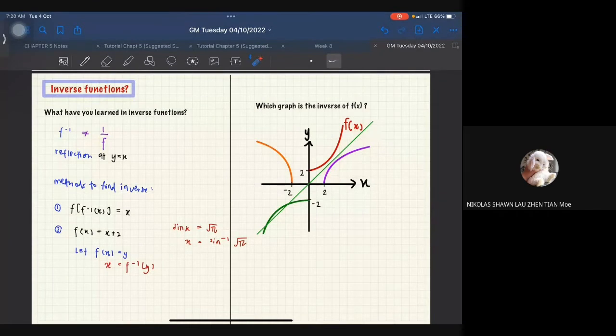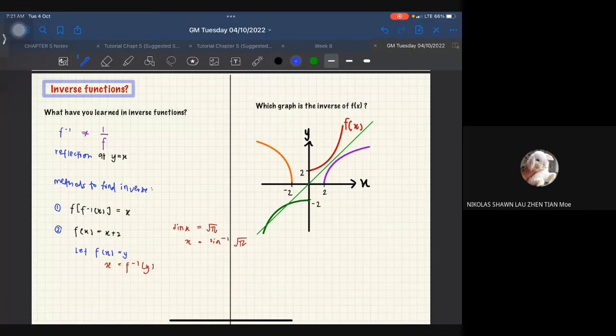Itu sahaja. Okay. And then one thing that you need to know is bila kita cakap pasal reflection, maksudnya y equal to x punya line tu, everything yang ada dekat sebelah kiri kita reflect ke kanan, ataupun everything yang ada dekat sebelah kanan akan reflect ke kiri. Okay.